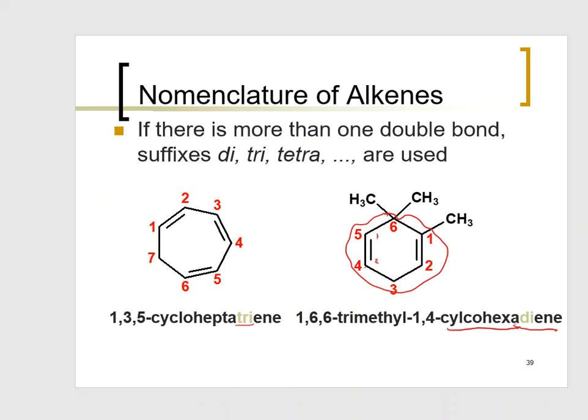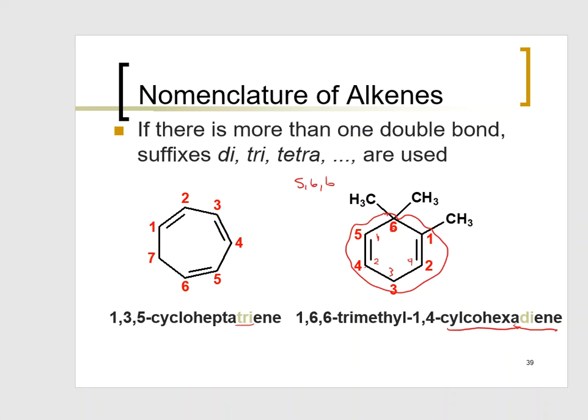All right, I want you to understand that. It's the same no matter which way you number. So what does determine this, though, are the other groups that are on there. If I start with my first carbon here, that would be a 1, and then a 2, then a 3, then a 4, then a 5, and then a 6. So this would give me a 5, a 6, and a 6 for those 3 methyl groups. Right?